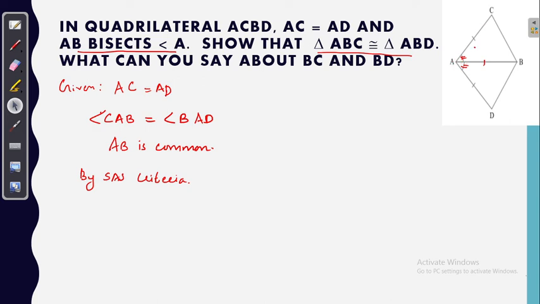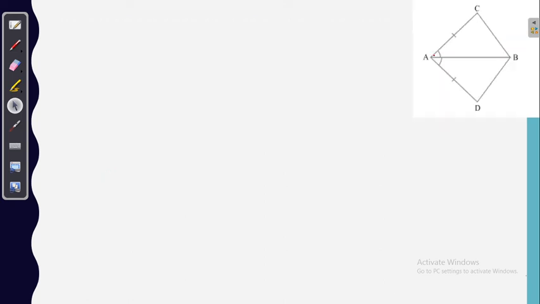Hence, we can say that angle CAB is equal to angle BAD, and by our SAS criteria we can say that these two triangles are congruent. And now, what can you say about BC and BD? Since the triangles are congruent, BC and BD will be equal by CPCT. So, corresponding parts of congruent triangles will be equal.